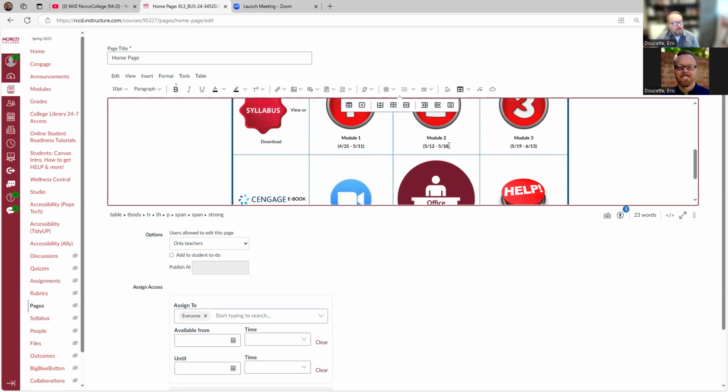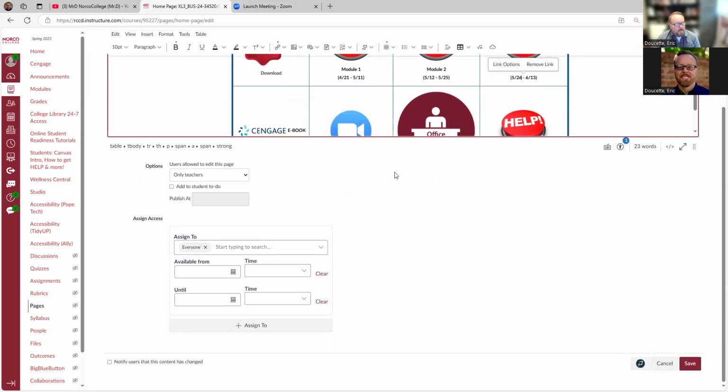Is that correct? Actually, it would then be 5/25, I believe, and this would be 5/26 through 6/13, so that's correct. This module should be 3 weeks long as well, so I'll have to check all those dates. But I think this one's 3 weeks, this one's 3 weeks, and this one's 2 weeks, so it gives us our 8 weeks.